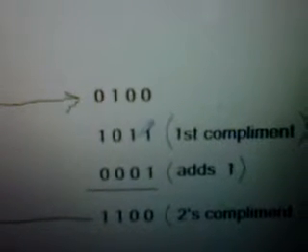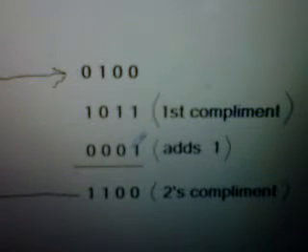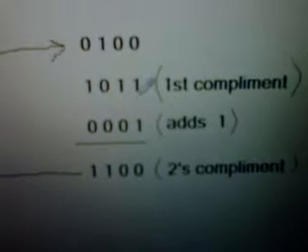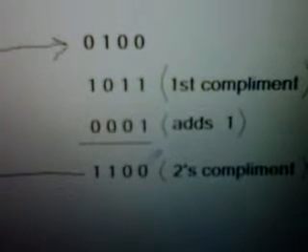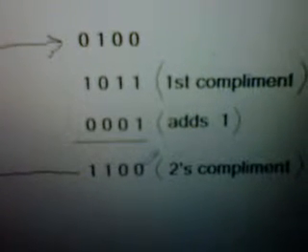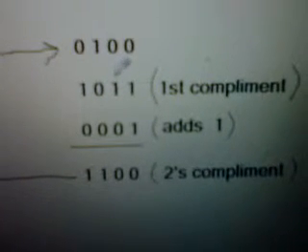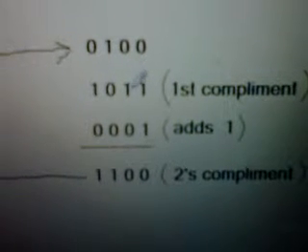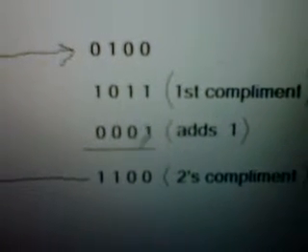Then what it does, after it changes it to the first complement, it adds 1 to the result. Okay? Now, adding 1, these things are added in units of tens. So that means that a 1 and a 1 actually equals 10. So you put down the 0, and then it carries 1 over to the next column. So you have a 1 carried over from here plus this 1 is another 10, because that's 0.